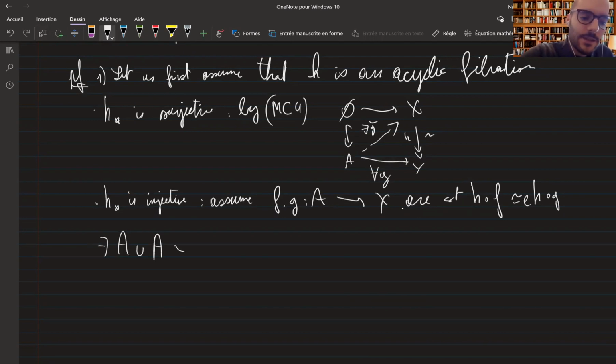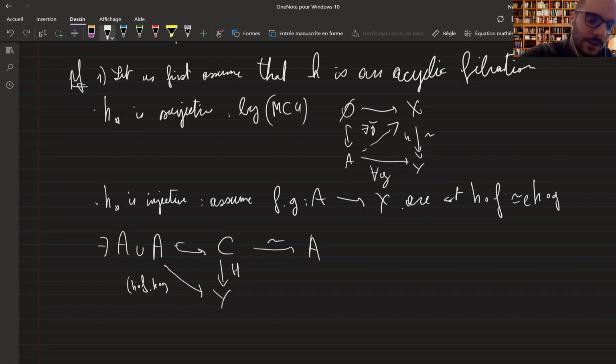So there exists a cylinder for A, and a homotopy like this, such that here we have h circle f and h circle g. And we want essentially to be able to factor this homotopy through X. This is basically the goal, to be able to factor it like this.